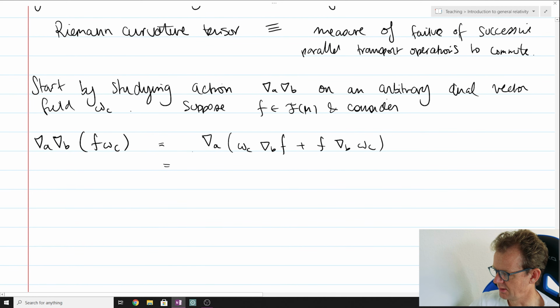We're going to use just the Leibniz property here in the first line, and then we just use the Leibniz property again in the second line here. So we can get 4 terms depending on where this delta operator lands.